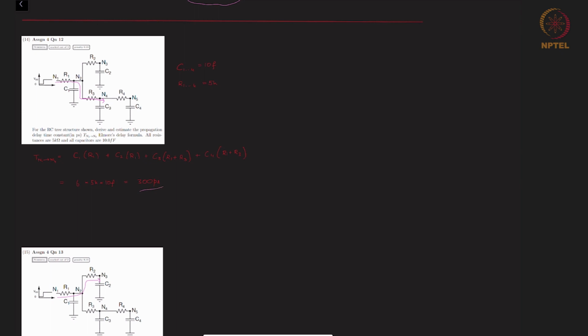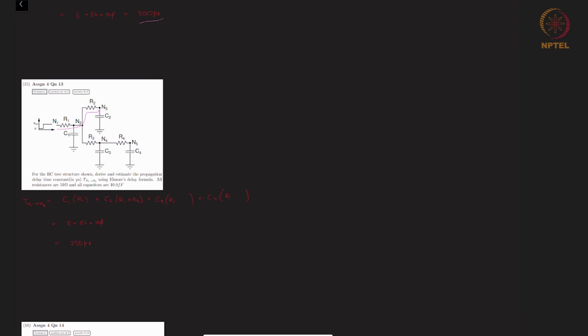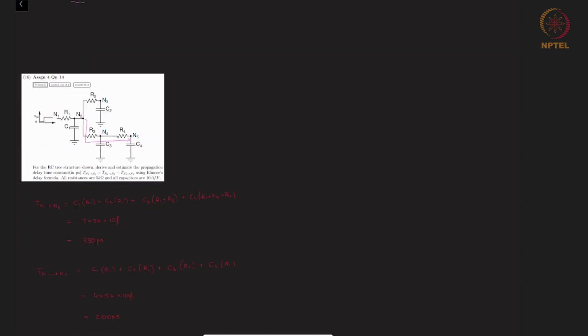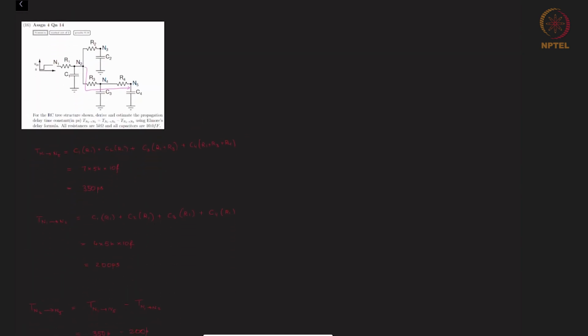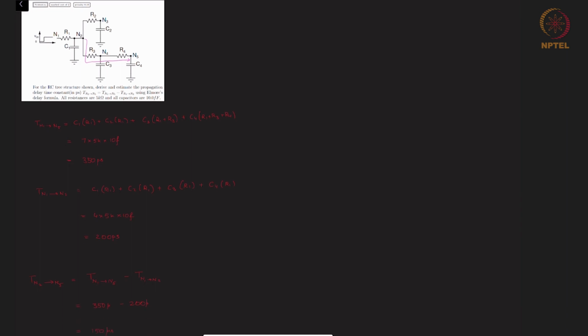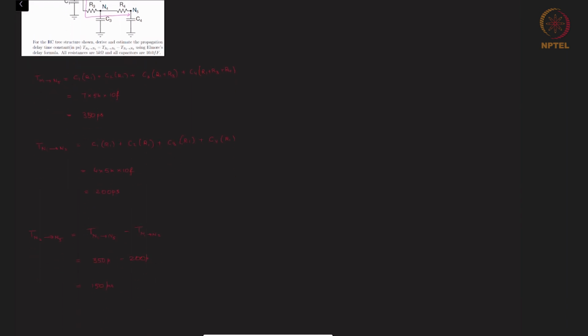It's the Elmore delay expression for N1 to N4. For question 13, it is N1 to N3, which comes out to be 250 picoseconds. For question 14, we have to find N1 to N5 and then N1 to N2 and then subtract, and that is N2 to N5. The answer comes out to be 150 picoseconds.